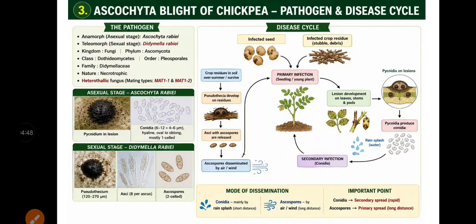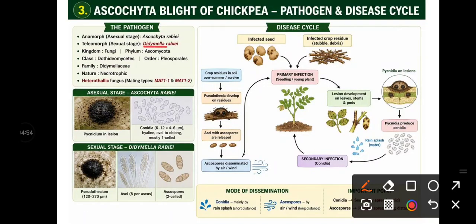The asexual stage is Ascochyta rabiei, whereas the sexual stage is Didymella rabiei. The asexual stage produces conidia by producing pycnidia. Whereas the sexual stage, Didymella rabiei, produces pseudothecia.